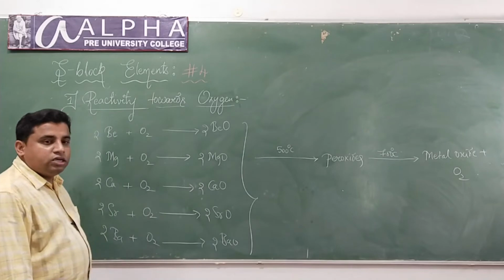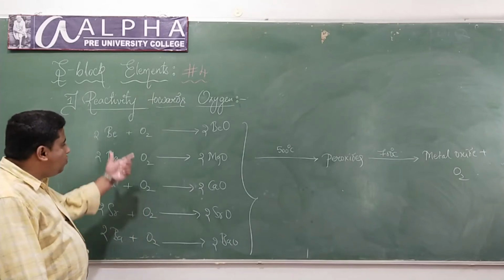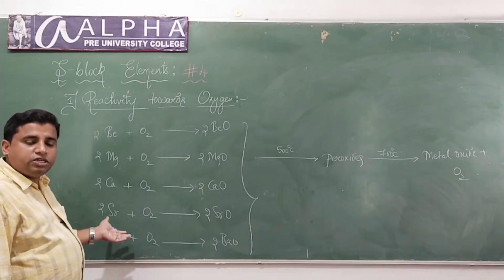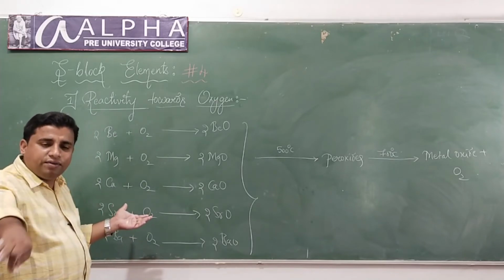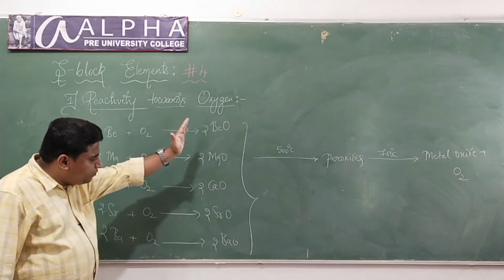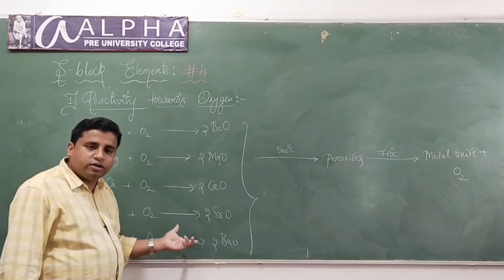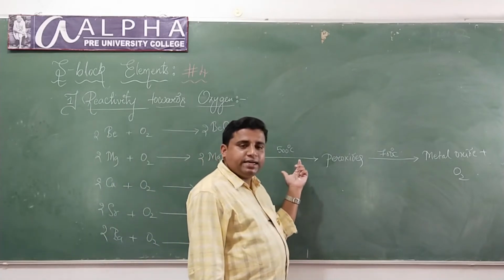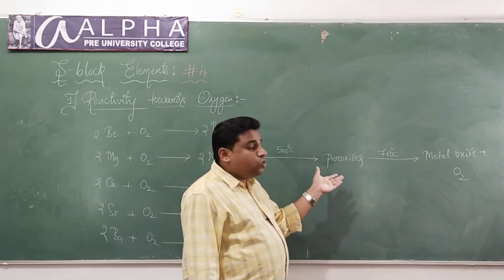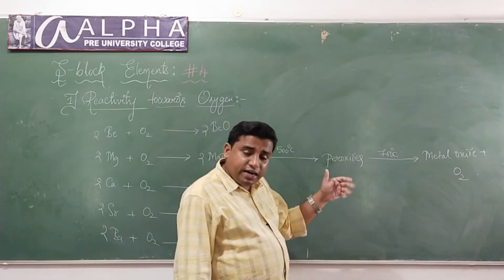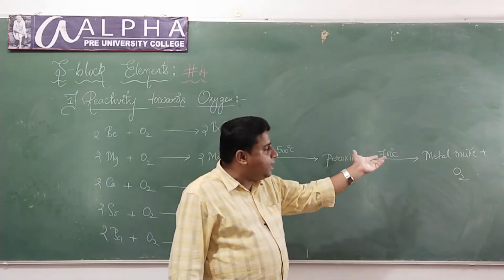Once again I'll repeat: alkaline earth metals react directly with oxygen, and all of them form the same type of oxide, that is normal oxide. When these normal oxides are heated to about 500 degrees centigrade, they form peroxides. When the peroxides are heated to about 700 degrees centigrade, they decompose to give back metal oxide and oxygen.